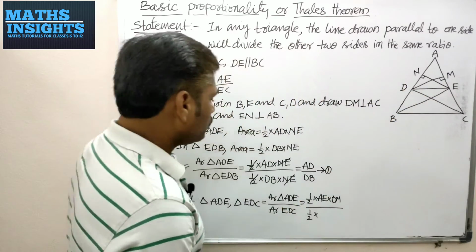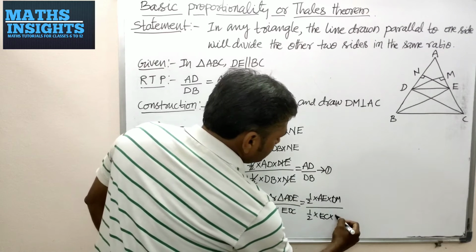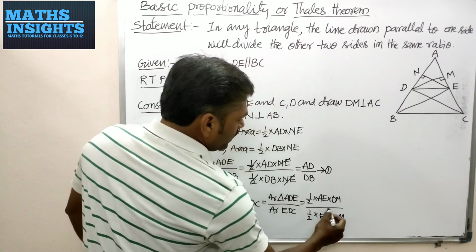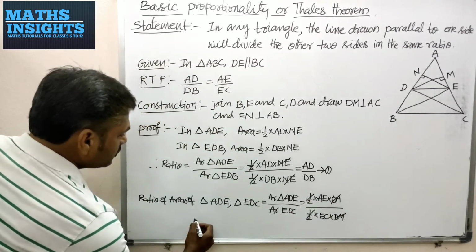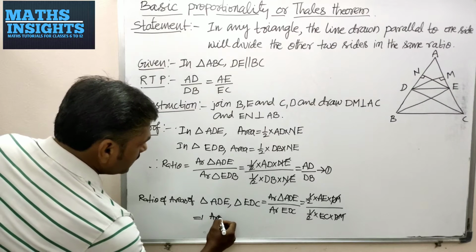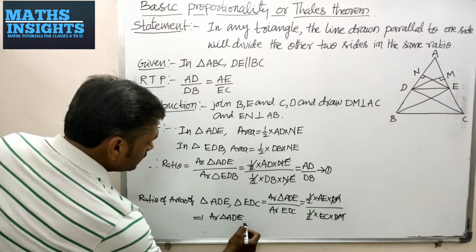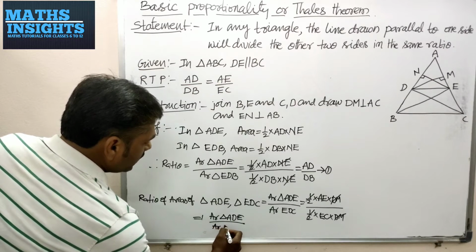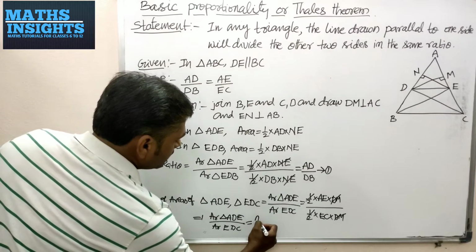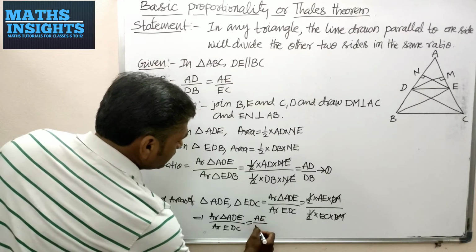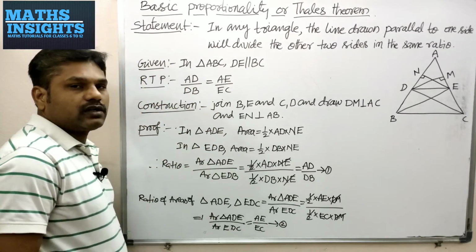Therefore, half into base EC into height DM. If you cancel this DM and half into half, you will get area of triangle ADE by area of triangle EDC is equal to AE by EC. Let this be number 2.